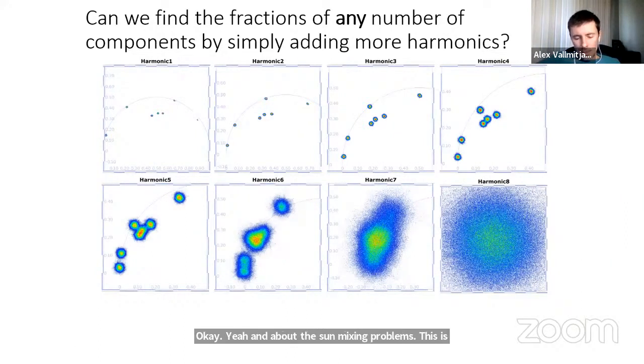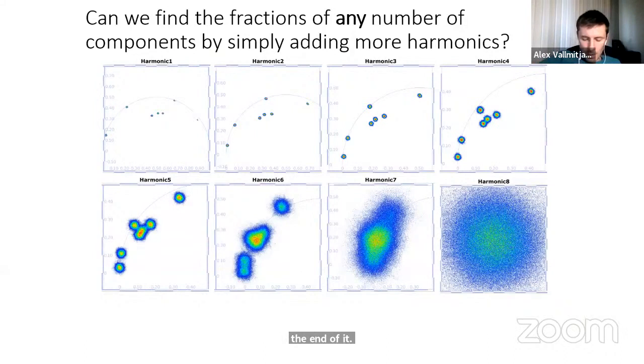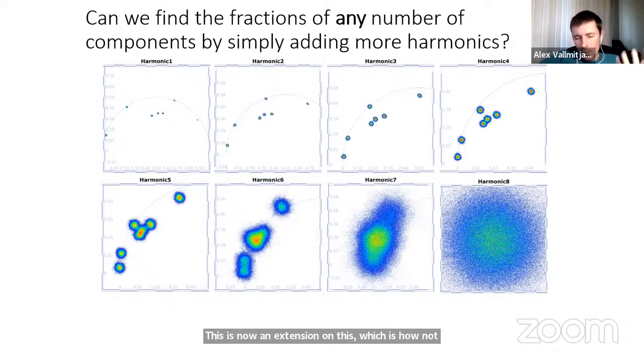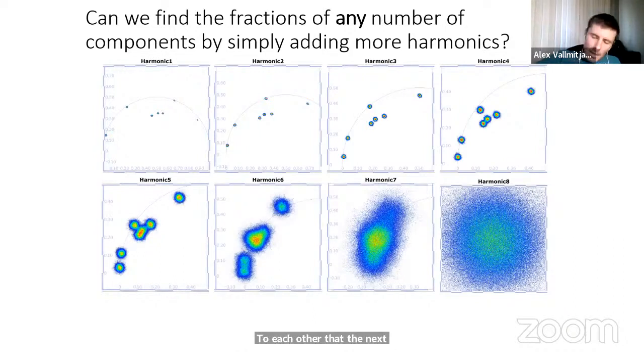This is now an extension on this. Until now we knew the positions of the pure components, and we were trying to figure out what are the weights of those components, how many photons belong to each. But the next step would be, can we find the fractions? Okay, first thing is, can we just simply add harmonics and have any number of components?